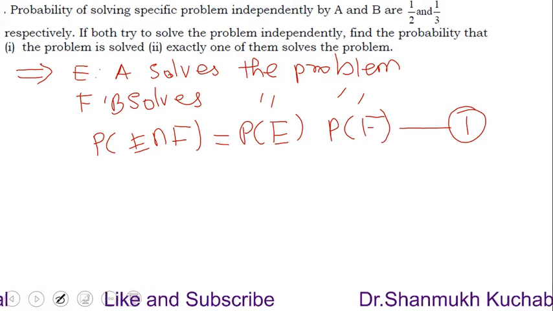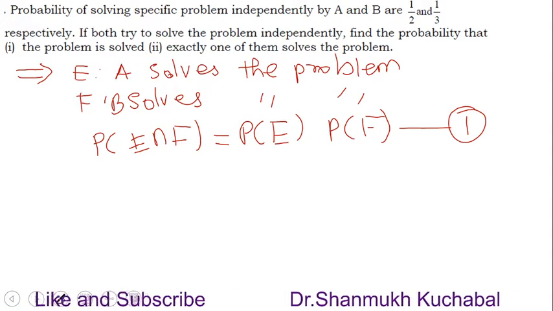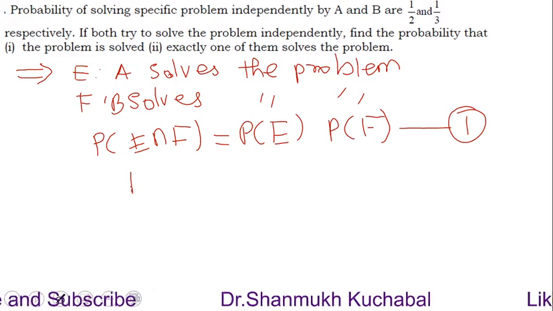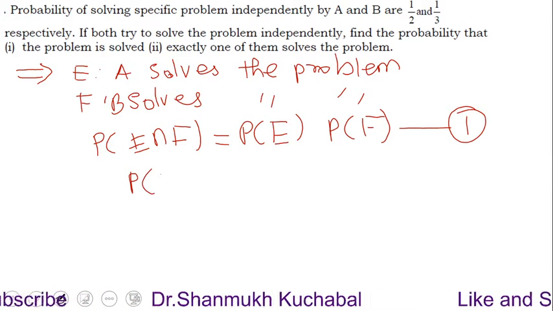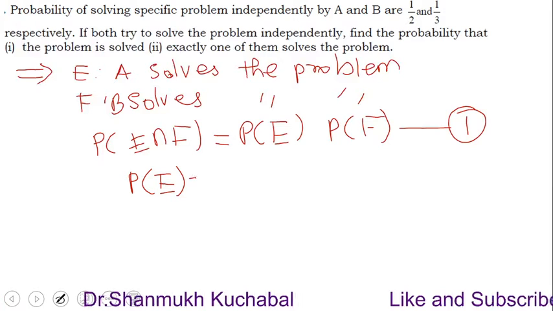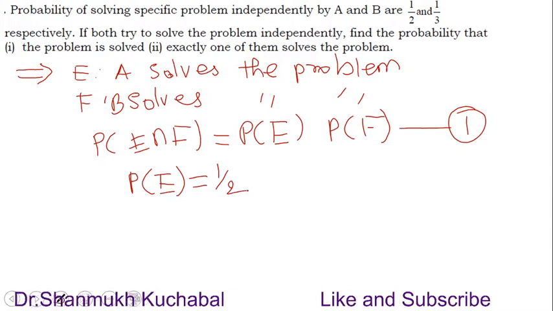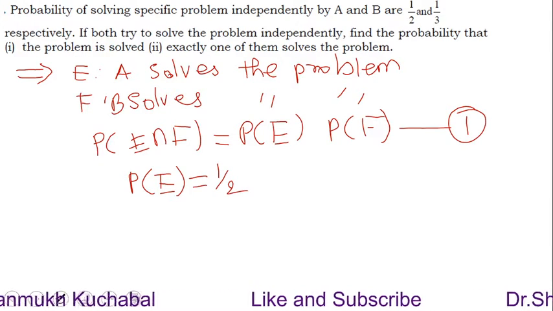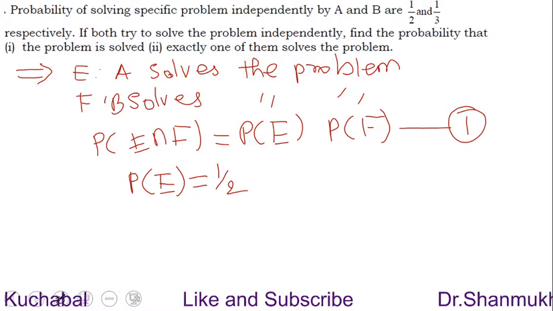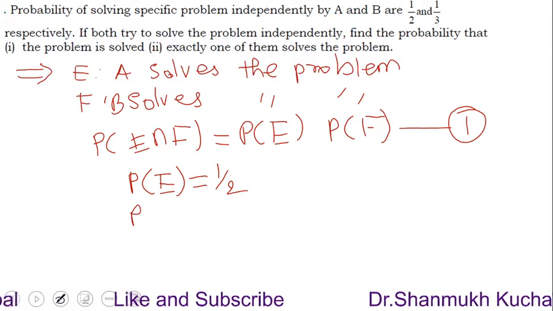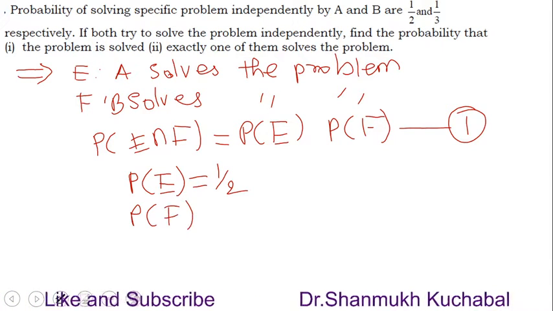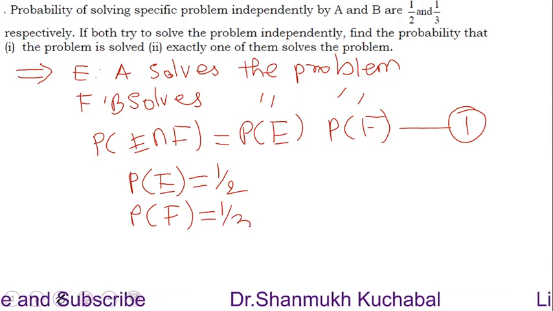Then A solves the problem, that is taken as E, so probability of E, A solves the problem, is given as 1 by 2. Next, B solves the problem, we have taken it as F. So P of F is 1 divided by 3.